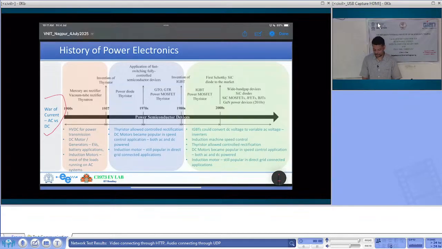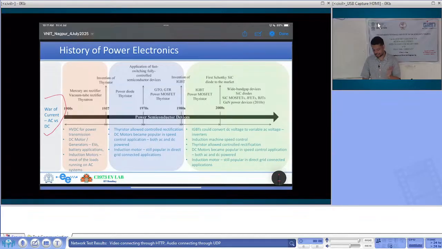This was close to the 1890s. They competed over which electrical system is better. Imagine that at that time there were no power MOSFETs, no IGBTs, so there was no DC-DC converter, no DC-AC converters.